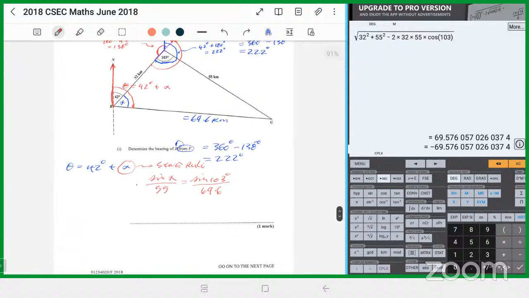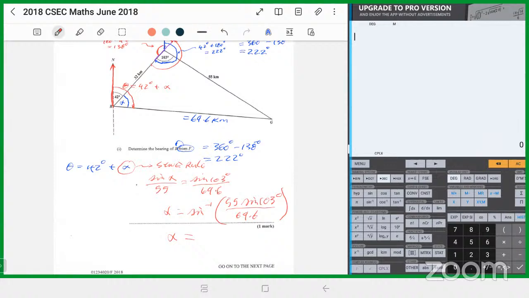So alpha becomes sine to the -1 of, I'm going to multiply 55 up here first, 55 times the sine of 103 degrees divided by 69.6. This is going to give us alpha. Let's do it on the calculator.